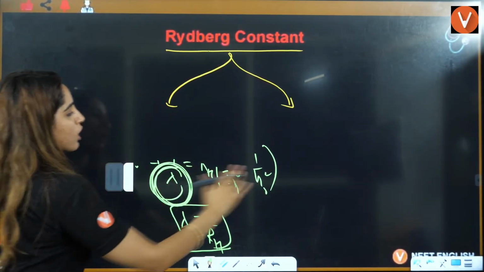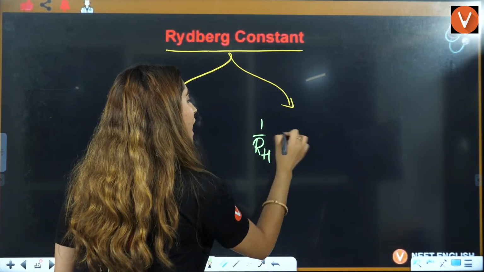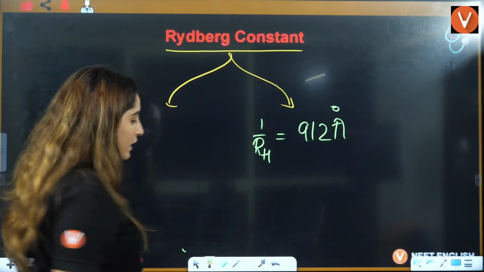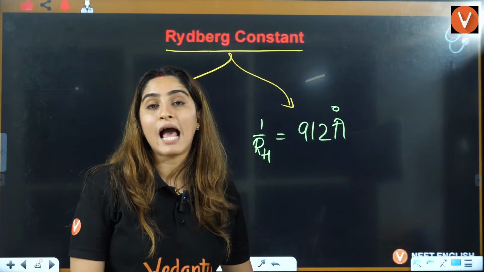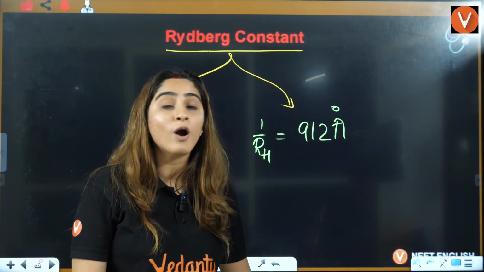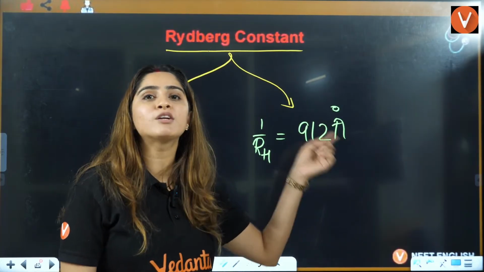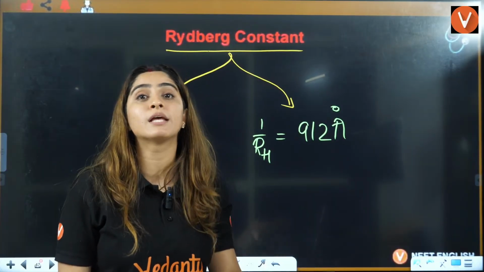So let's talk about the value of 1 by R_H. 1 by R_H is nothing but 912 angstrom, and here the wavelength lambda that you calculate will be in angstrom, not in centimeter or meter. Then you have to convert angstrom to meter, nanometer, picometer, or centimeter, whatever they have asked you.